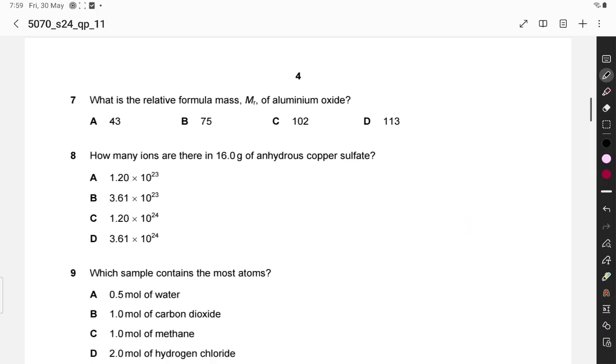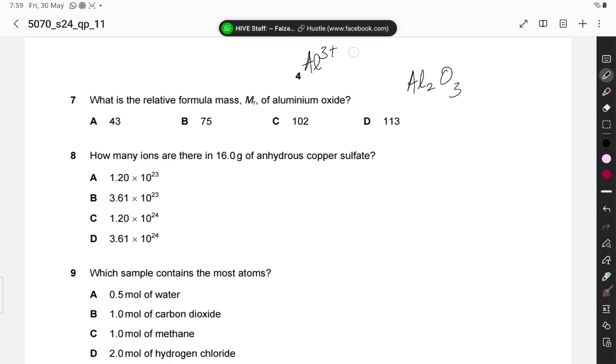What is the relative formula mass Mr of aluminum oxide? We know that the formula of aluminum oxide is Al2O3. How is it formed? Aluminum is present in group 3, carrying 3 plus charge. Oxygen is present in group 6, carrying 2 minus.